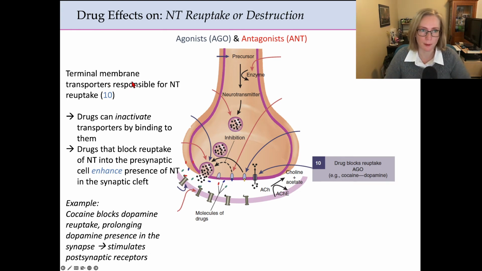So terminal membrane transporters, terminal, axon terminal, terminal button, terminal membrane transporters, they're responsible for recycling or reuptaking neurotransmitters. Drugs can inactivate these transporters. If a drug blocks reuptake of that neurotransmitter, it ends up enhancing the presence of neurotransmitter in the synaptic cleft.